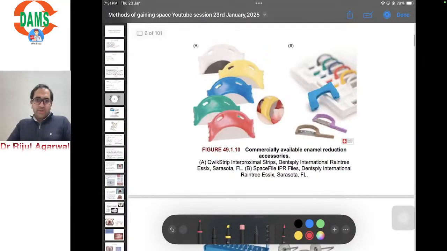So these are the images. These are the commercially available enamel reduction accessories. These are the discs which are attached to a handle; this is a saw. You just hold it and use it like a saw. We have seen the carpenter use it to cut wood. A similar kind of thing is used to reduce the enamel inside the patient's mouth.